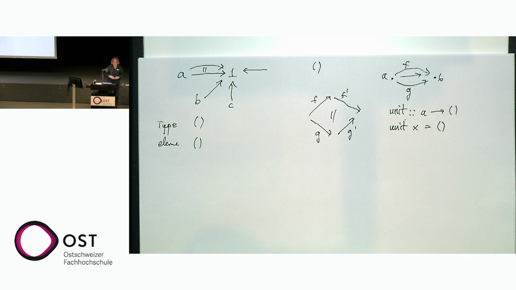Now, in category theory nothing is defined on the nose, meaning you might ask the question, is there only one terminal object or are there multiple terminal objects in a category? The answer is there could be multiple terminal objects, but they are all equivalent, which means isomorphic. We'll talk about isomorphisms later. But from all intents and purposes, they are the same thing.